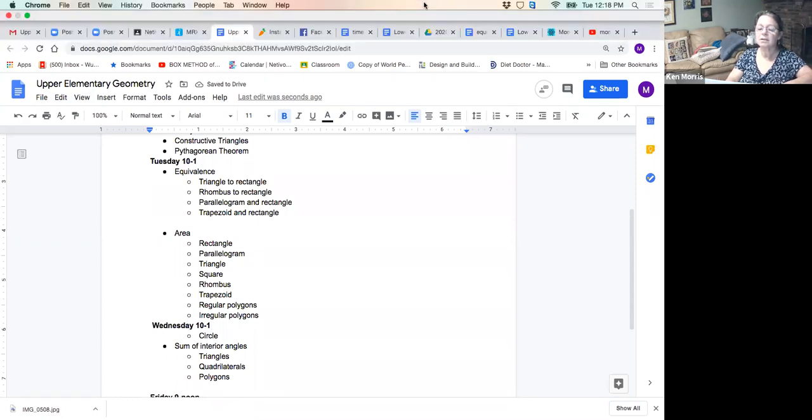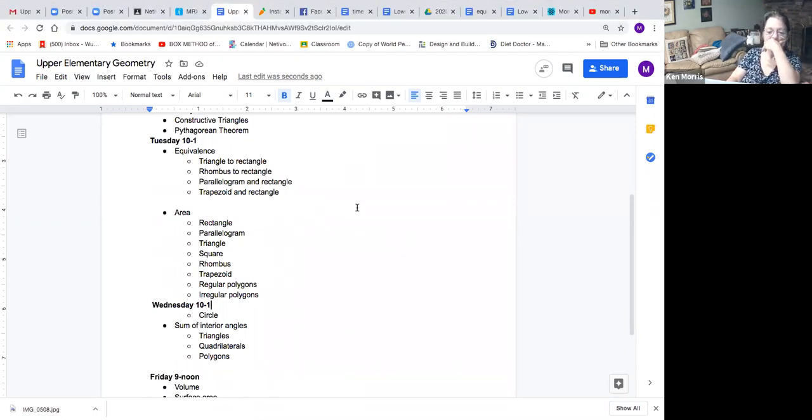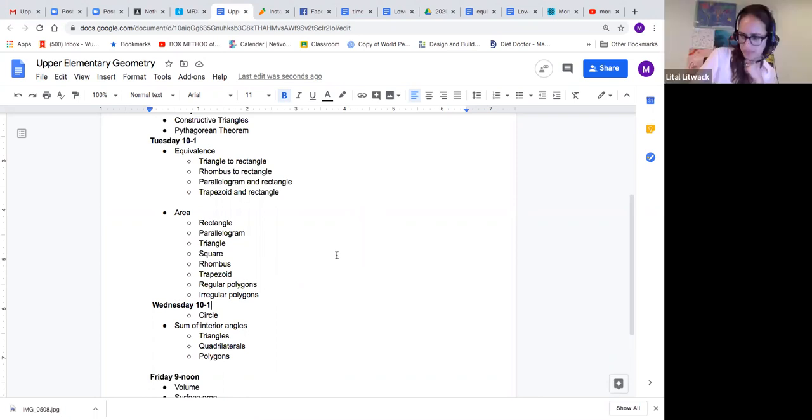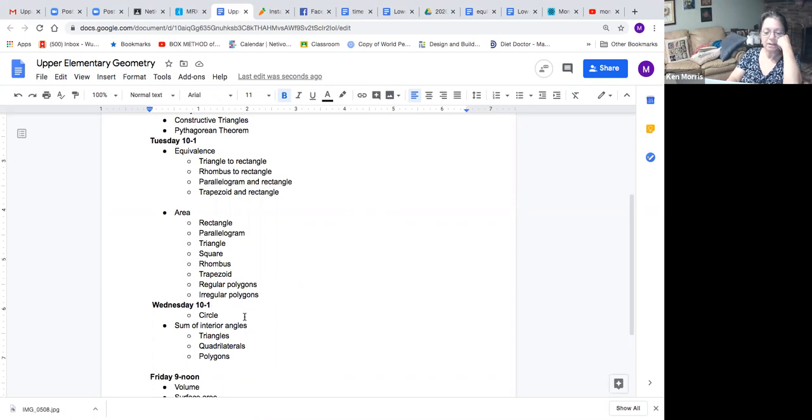I think we're going to quit early today. And tomorrow we'll continue with the area of a circle. And then we'll do all the sum of the interior angles formulas.